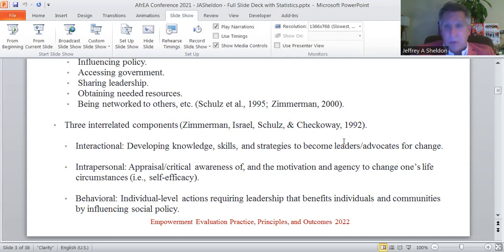Then there's the interpersonal, where we realize we can use the knowledge and skills to create change. And then there's this behavioral component, which is kind of like the end result: once we engage in using our knowledge and skills, then we're actually influencing social policy.